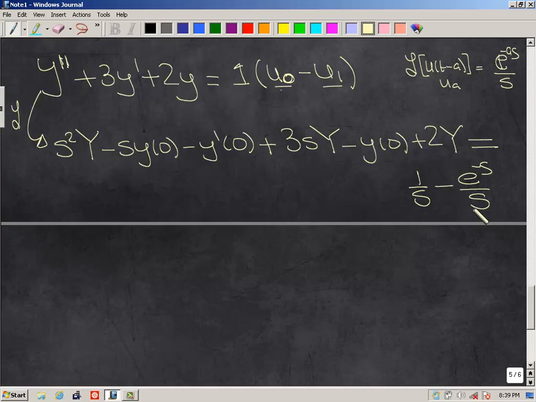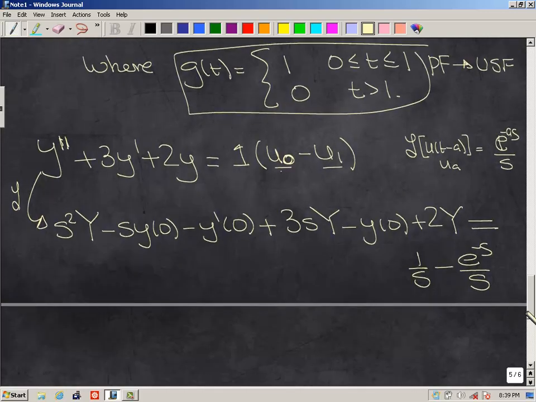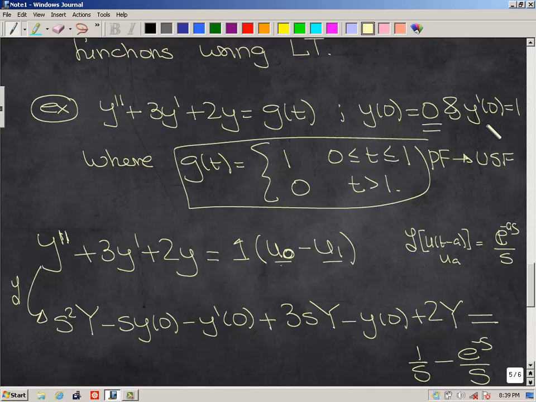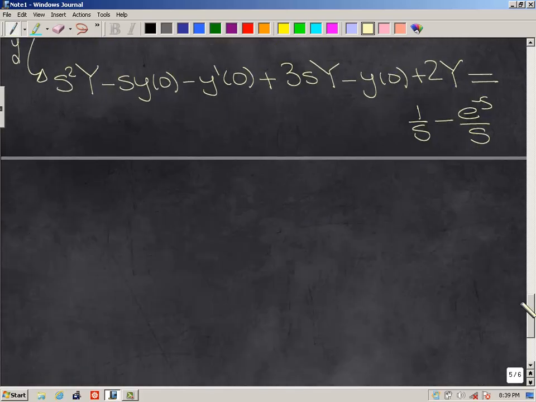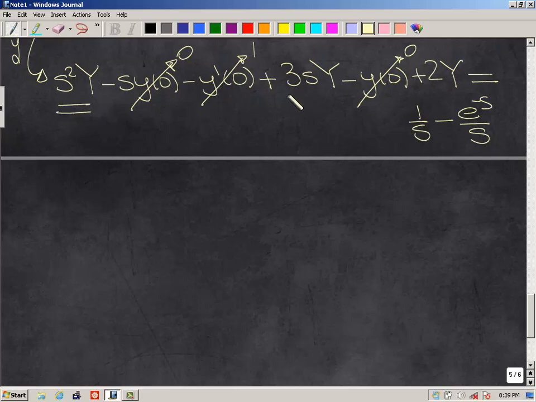Okay, now we can go ahead and introduce our initial conditions. Y of 0 is 0 and y prime of 0 is 1. So this is 0, this is 1, this is 0. And then everywhere else I'm left with some big Y's. I'm going to collect those, so I'll pull the big Y out.